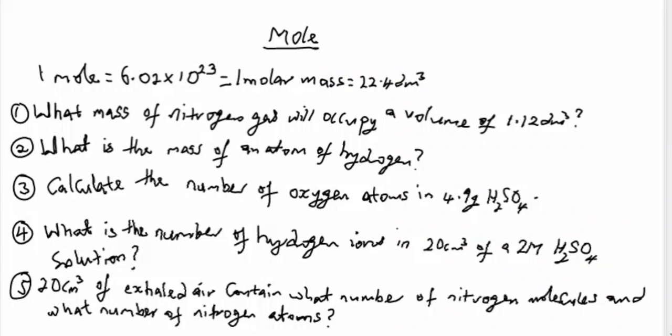Therefore, we can solve this question simply by saying that 1 mole of any substance equals 1 molar mass, and that being a gas, it occupies a volume of 22.4 dm cube.